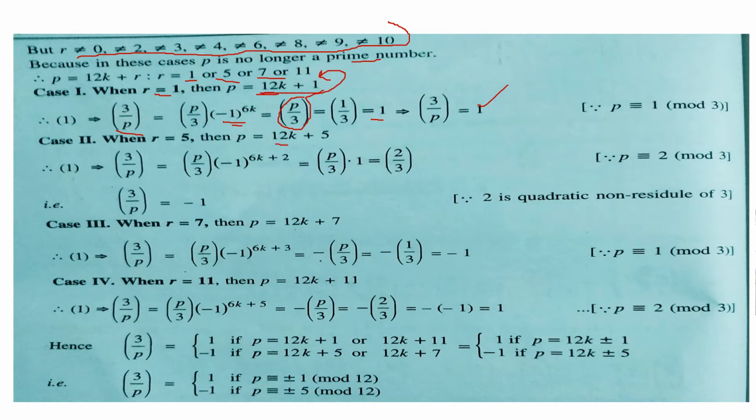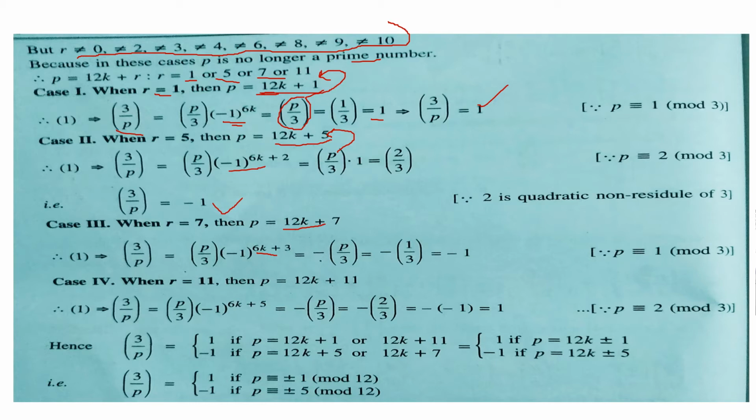If we take 12k plus 5, the sign is again positive, and when we divide p by 3, we get remainder 2, and we know that 2 is a non-quadratic residue, so it will be -1. Similarly, if we take 12k plus 7, using the value of p, the power is odd, so the sign is negative as 3 is taken common.